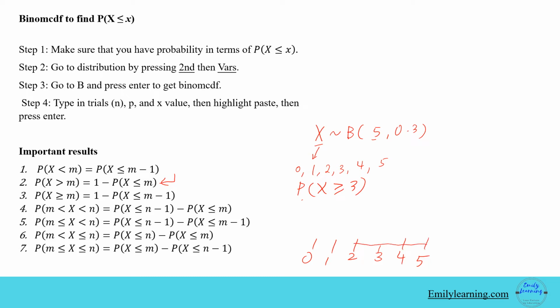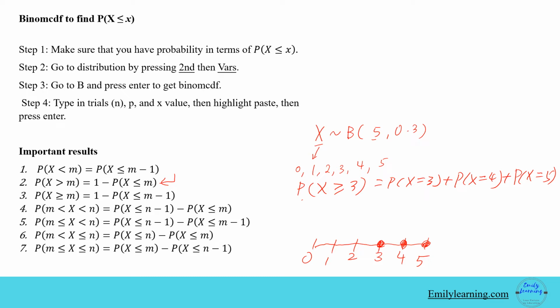I am interested in 3, 4, and 5, right? So you can also write that as P of X equals to 3, 4, and 5. But there's a lot of typing into your graphic calculator. You must use Binomial Pdf 5, 0.3, 3 plus Binomial Pdf 5, 0.3, 4, and so on.